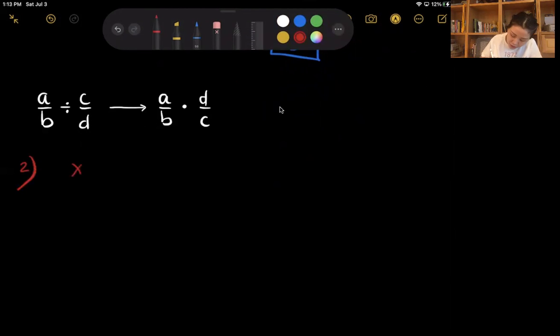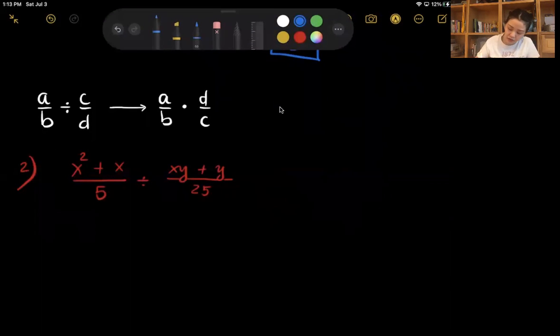If I have x squared plus x, all of this divided by 5, divided by xy plus y over 25. And again, we flip the second fraction, right? So this is equal to x squared plus x divided by 5, just rewriting the first fraction, multiplied by 25 divided by xy plus y.